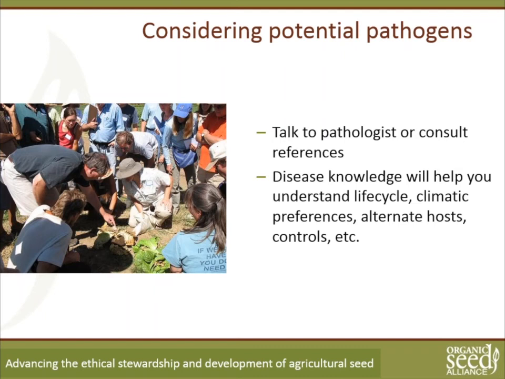There are certain references that can be helpful. The American Phytopathological Society produces a series of crop disease compendia that may be worth investing in depending on the crops that you're growing, and those have great color pictures and diagnostic tools that can help you. There are a few seed-specific references.